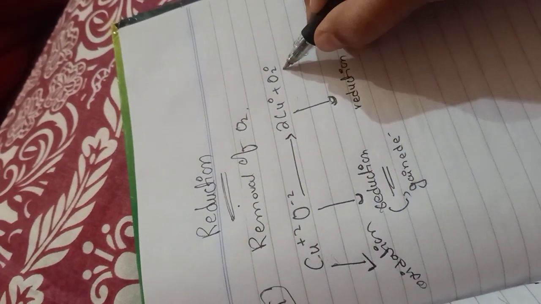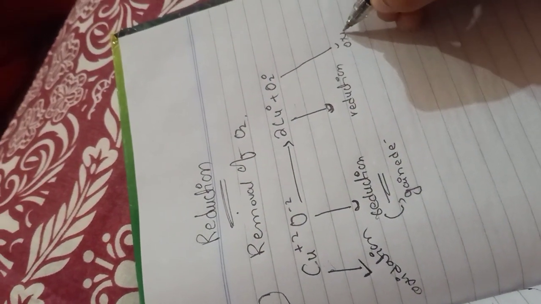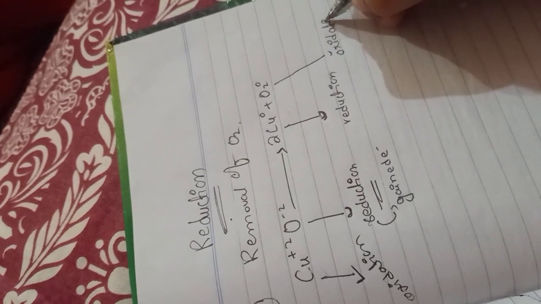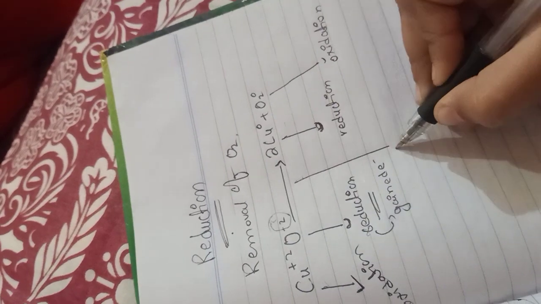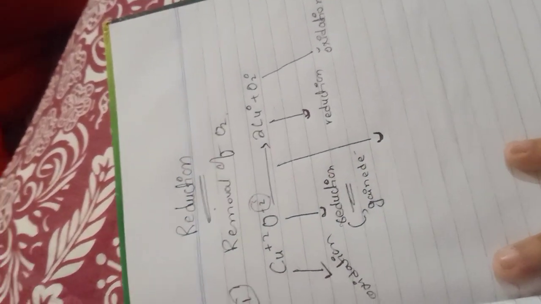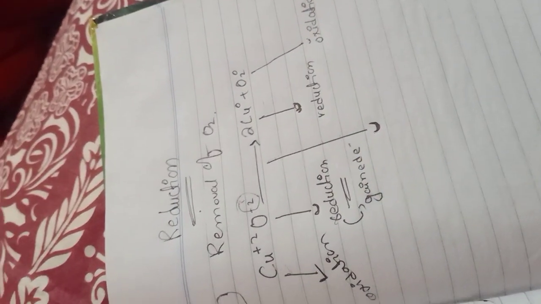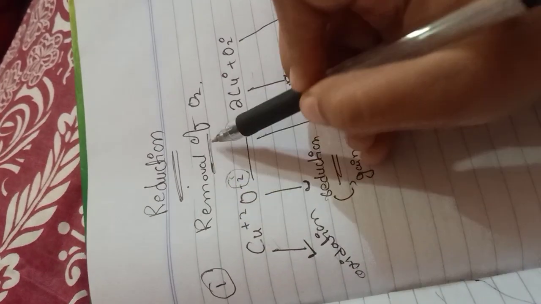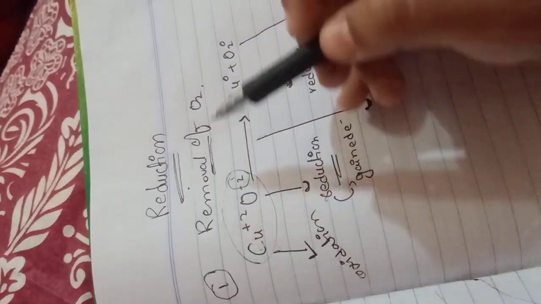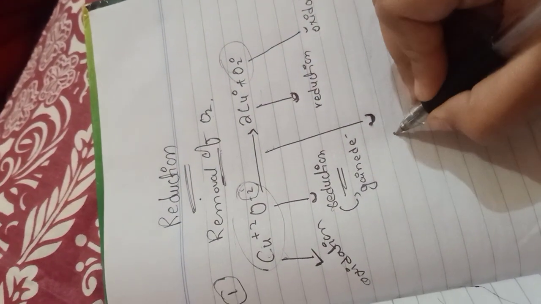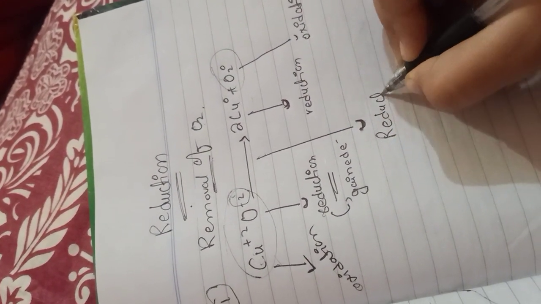And here the oxidation is there because it has lost 2 electrons. I have just discussed these terms, but the main thing is the removal of oxygen, which means this was a compound and here the oxygen is getting removed. This is the reduction.